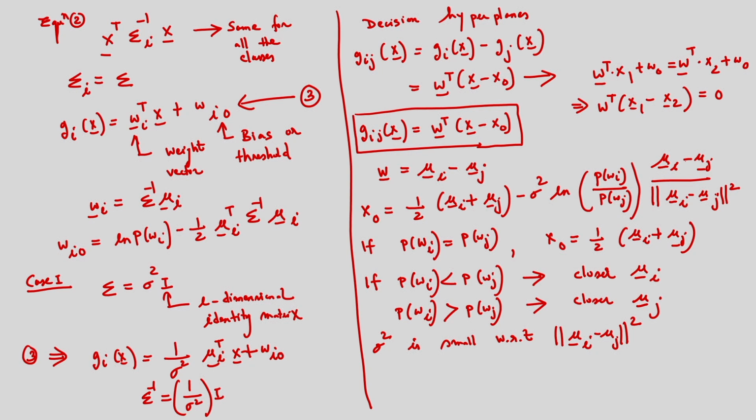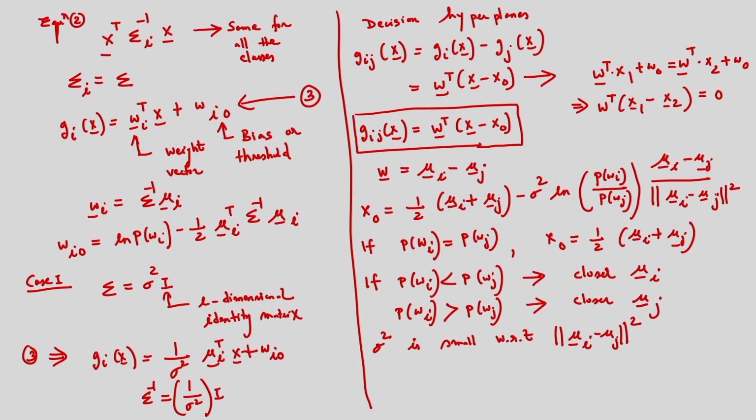I am repeating this: if the variance is small with respect to the difference in the mean, the location of the hyperplane is insensitive to the values of the probabilities, probability of Wi and probability of Wj. So these conditions I will be showing pictorially.